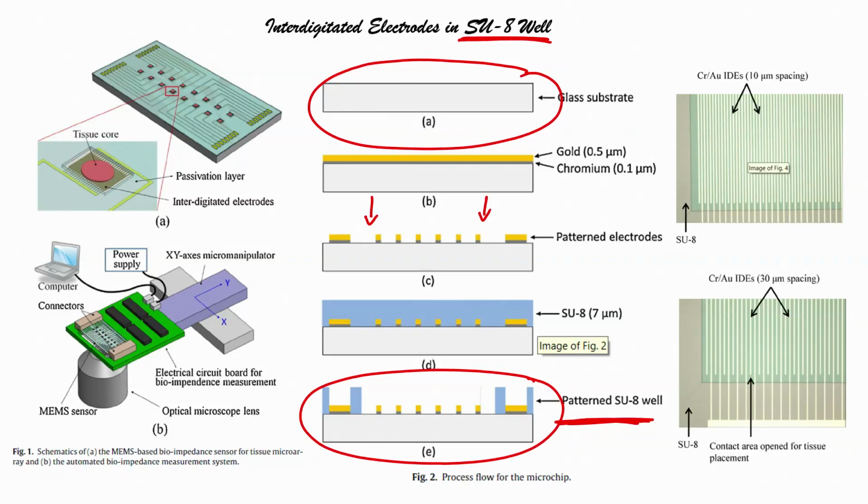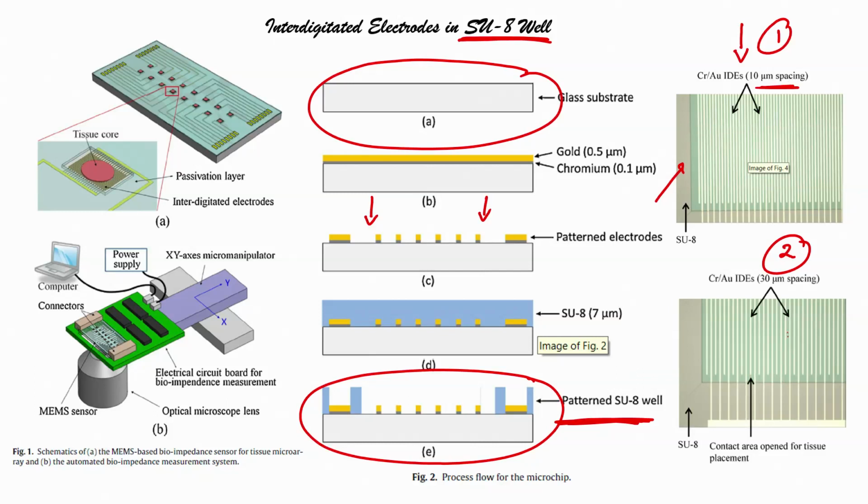So, how will it look? It will look like the one shown in this particular figure. What is this figure all about? There are interdigitated electrodes of chrome gold, and these interdigitated electrodes are within an SU8 well. There is some difference between figure number 1 and figure number 2. You see closely, the spacing between the interdigitated electrodes in figure 1 is about 10 microns.